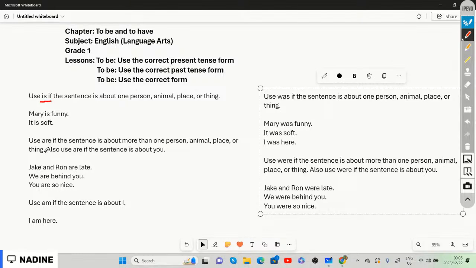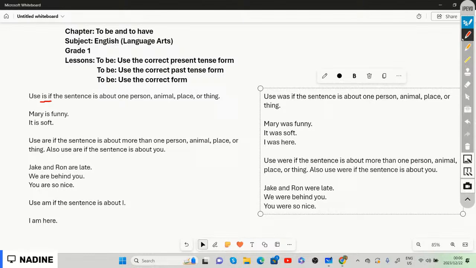We use is if the sentence is about one person, animal, place, or thing.